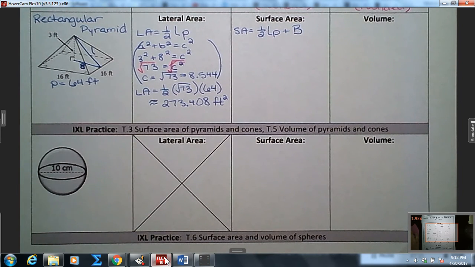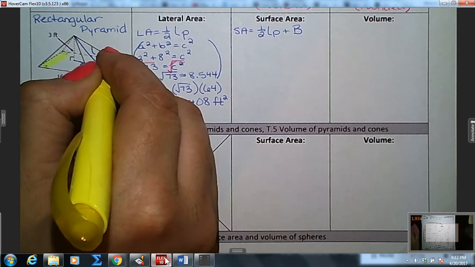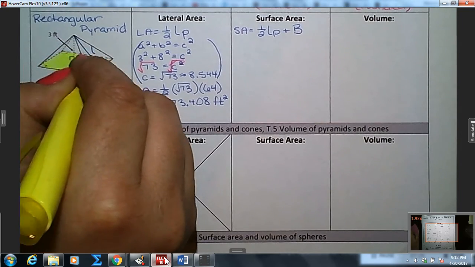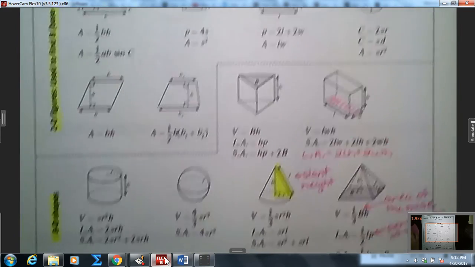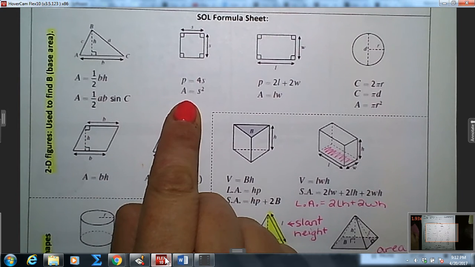Well, the base of this shape, I'm going to highlight it here. The base of this shape is a square. So I'm going to go up here into my formula sheet, look at the square, and use the area formula for a square in order to find the area of the base.